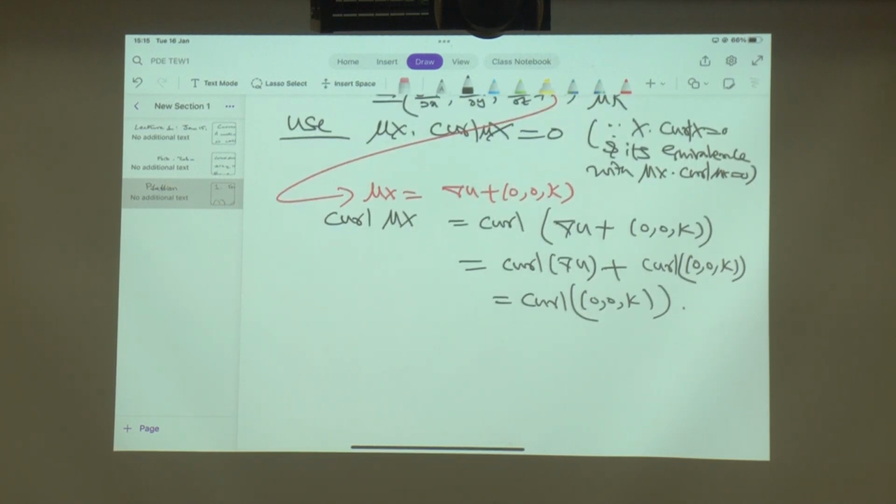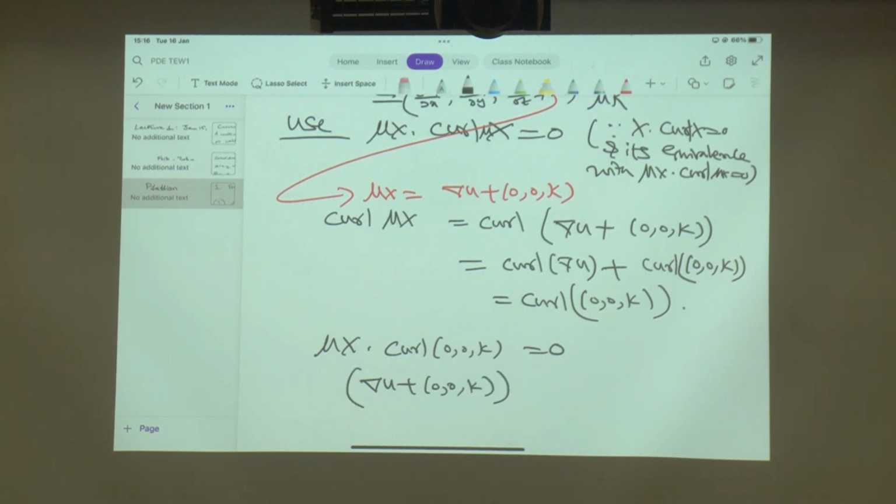Now mu x dot curl mu x is 0. At the end of this, mu x is once again grad u plus 0 0 k.